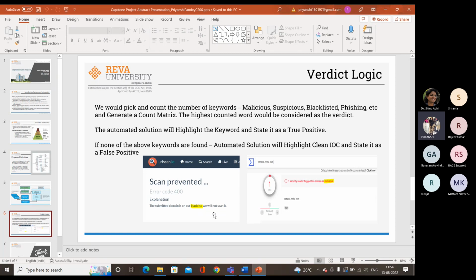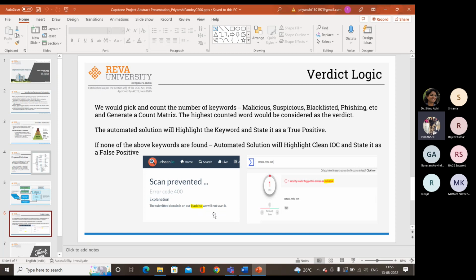Again, we could have multiple solutions based on the requirement. There are a few organizations that consider certain websites, certain OSINT, as their highest weightage. So we could use that logic as well in the solution, that if this particular website says that it's malicious, irrespective of what other websites say, it has to be considered as malicious.